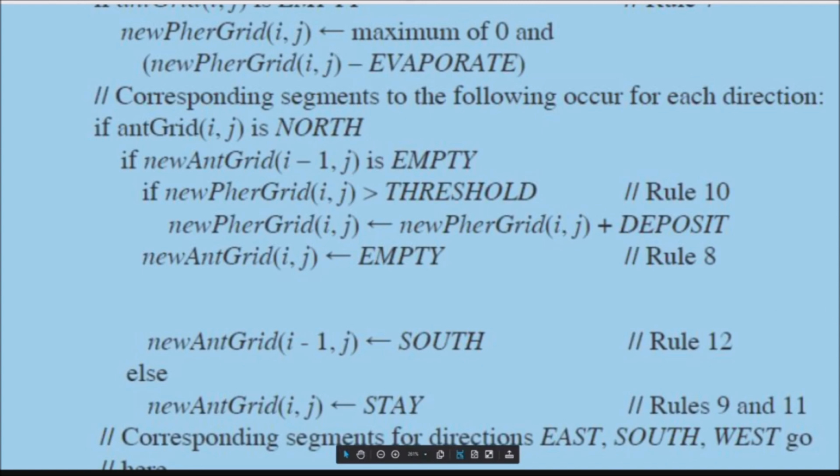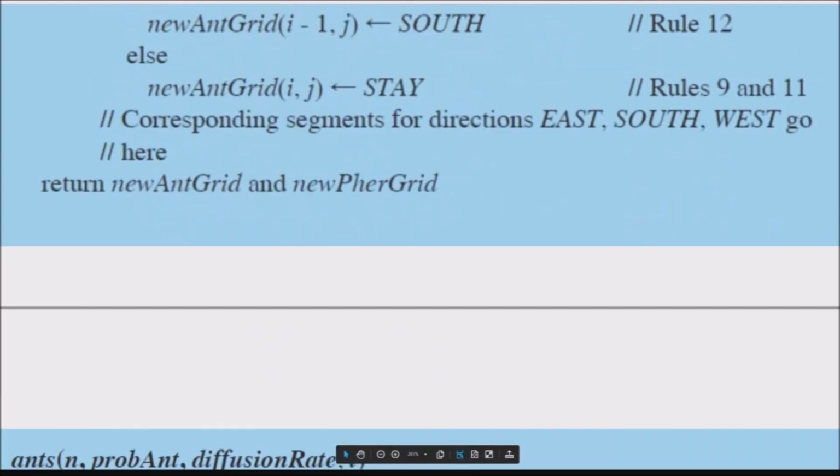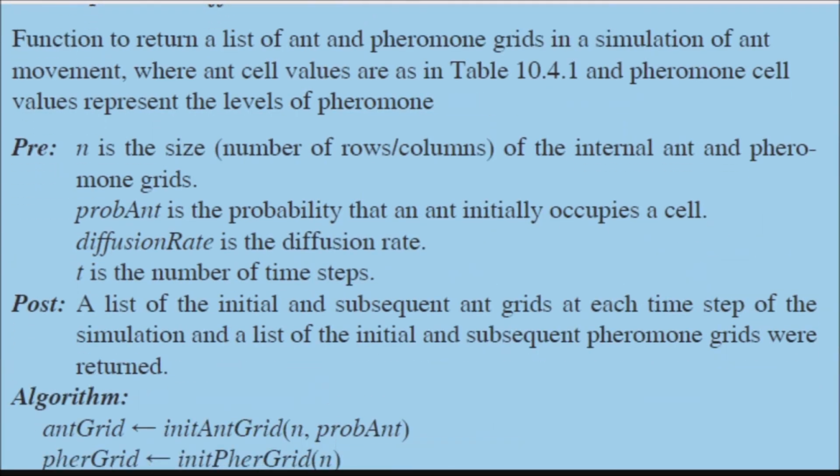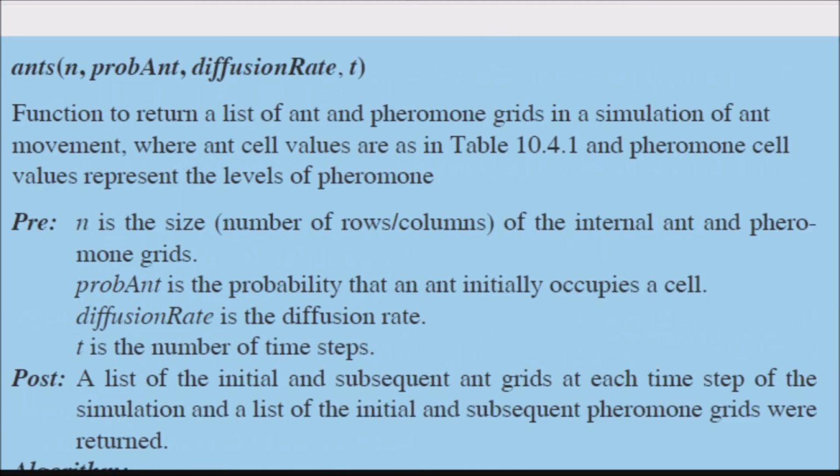Okay, one more interesting thing here is another parameter we're introducing, called the probability of ant, meaning the probability that an ant exists.